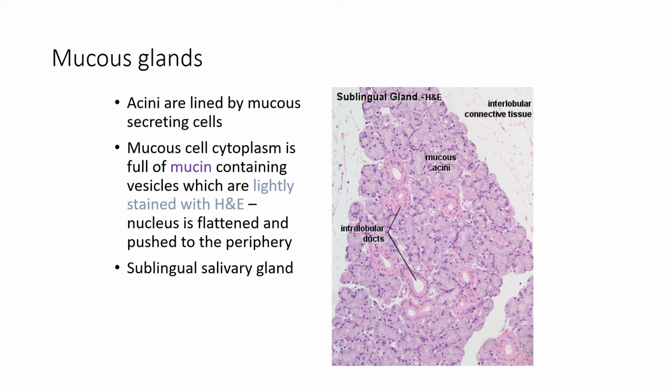The mucus within the cytoplasm of these acinar cells is there in a vesicle, and inside this vesicle you get the mucus, which is called the mucin protein. Now mucin protein does not stain well with H&E. Therefore we see it as a very lightly staining area. Because a lot of mucin is there, the nucleus is flattened and pushed to the periphery. Okay.